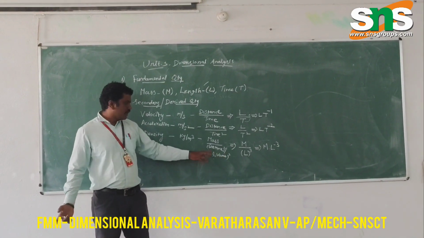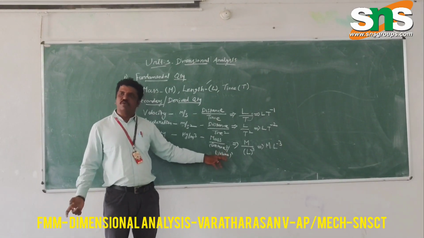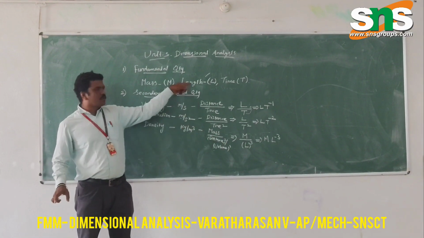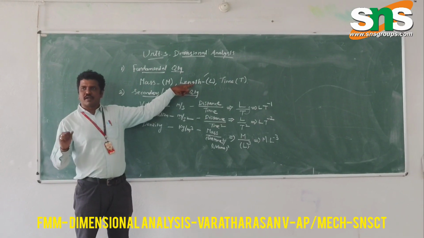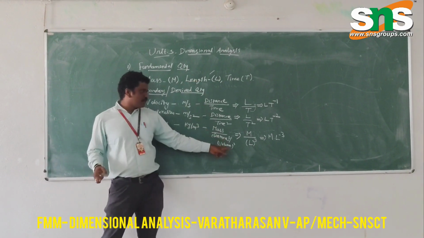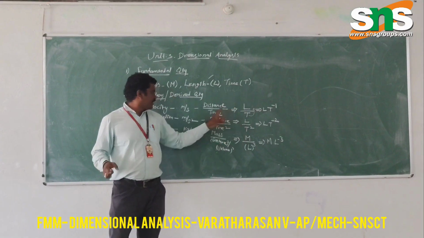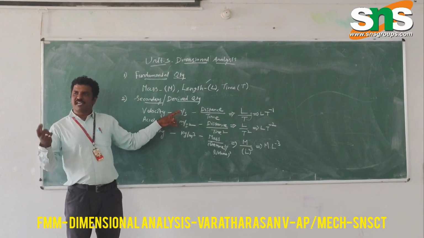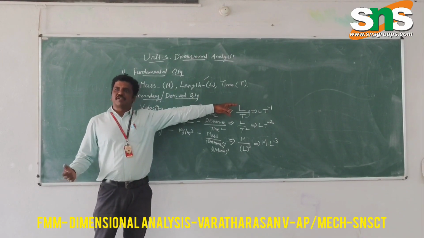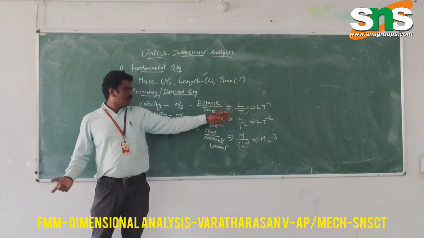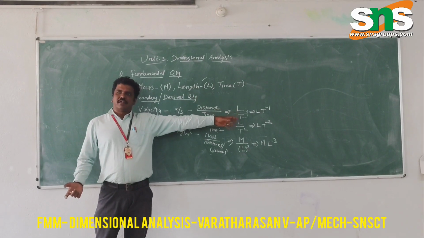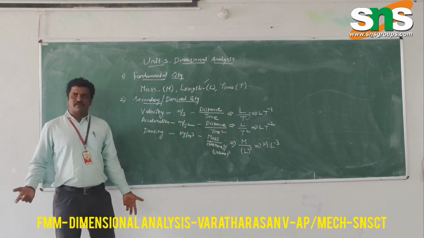Here we just want to take either volume or distance, and both are related to which fundamental quantity? Length. Yes. So in some cases we can directly denote it using a unit. We can directly write the dimensional quantity without these steps. It is also possible.